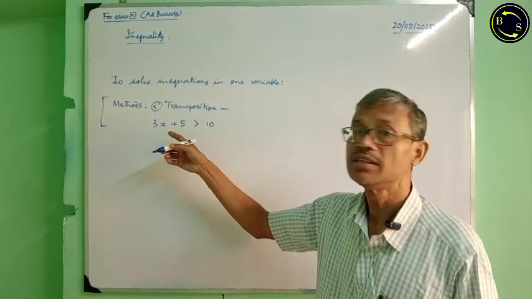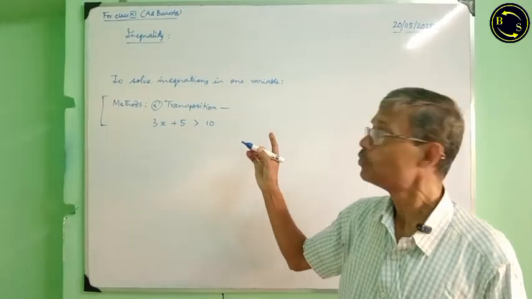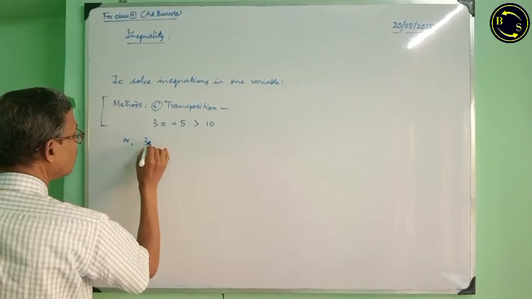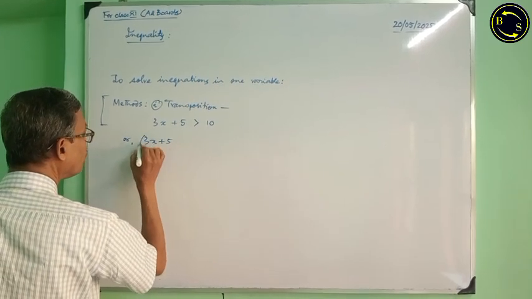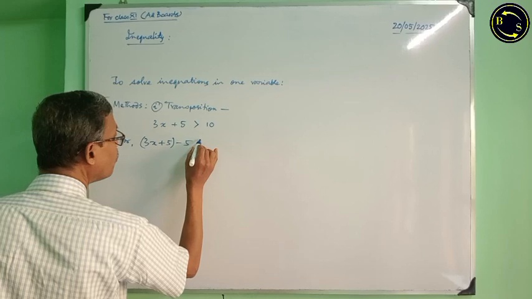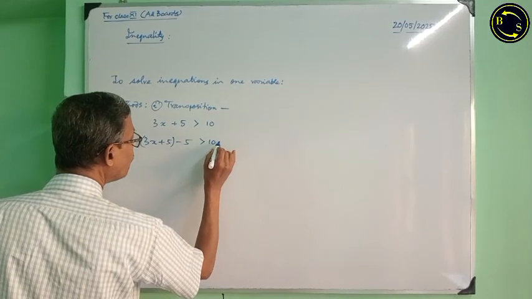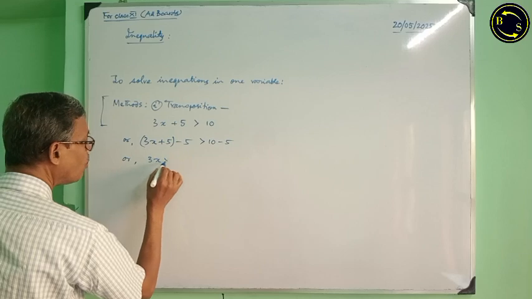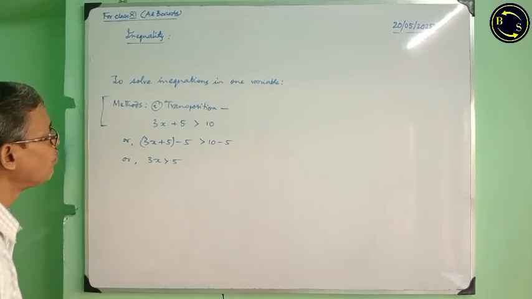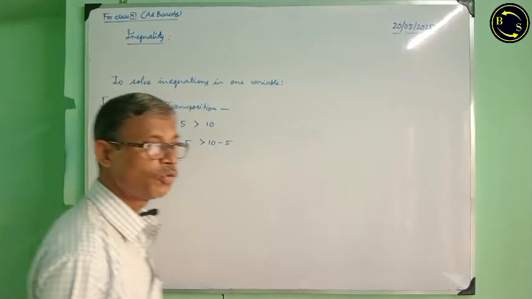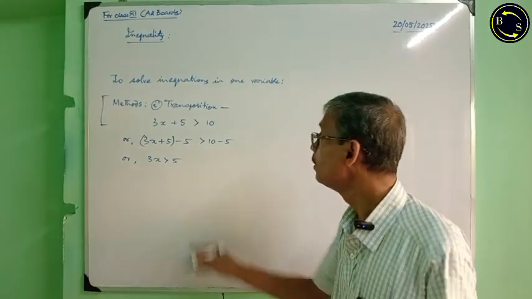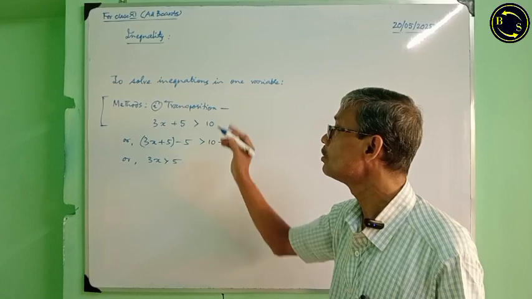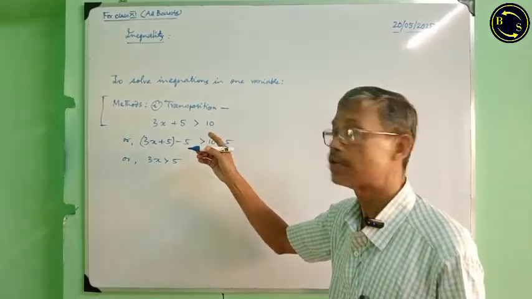If we subtract 5 from both sides, what we get? We can think that 5 is taken on the right side. This process is called transposition or transferring.